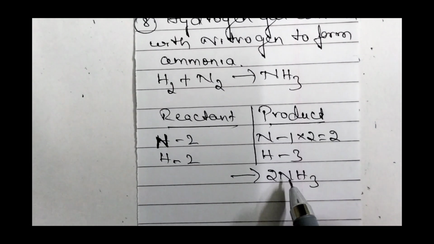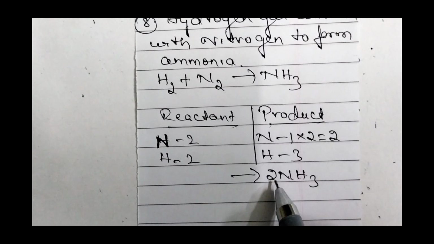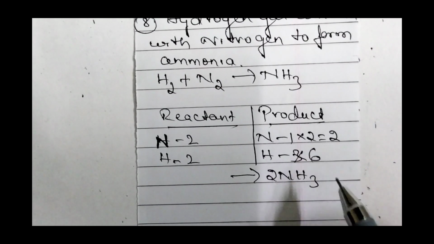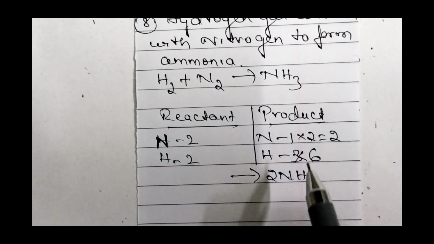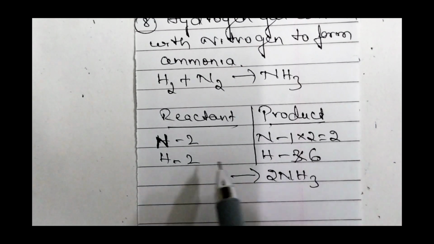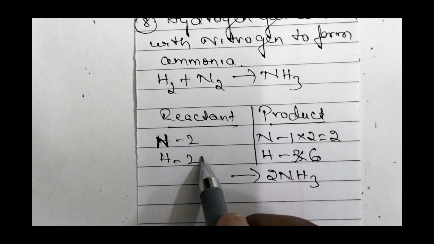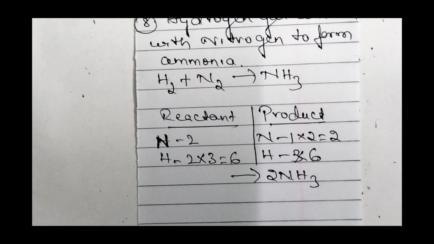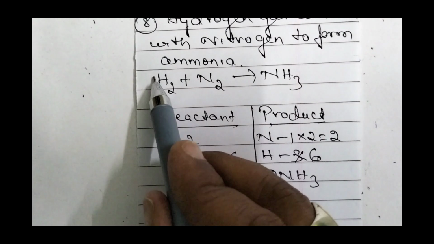2NH3. When nitrogen is multiplied by 2, then hydrogen will become 2 3s are 6. Cut 3 and write down 6. Now when product becomes 6, then reactant should also become 6. Therefore hydrogen is multiplied by 3 to get 6. This 3 we have to multiply here.